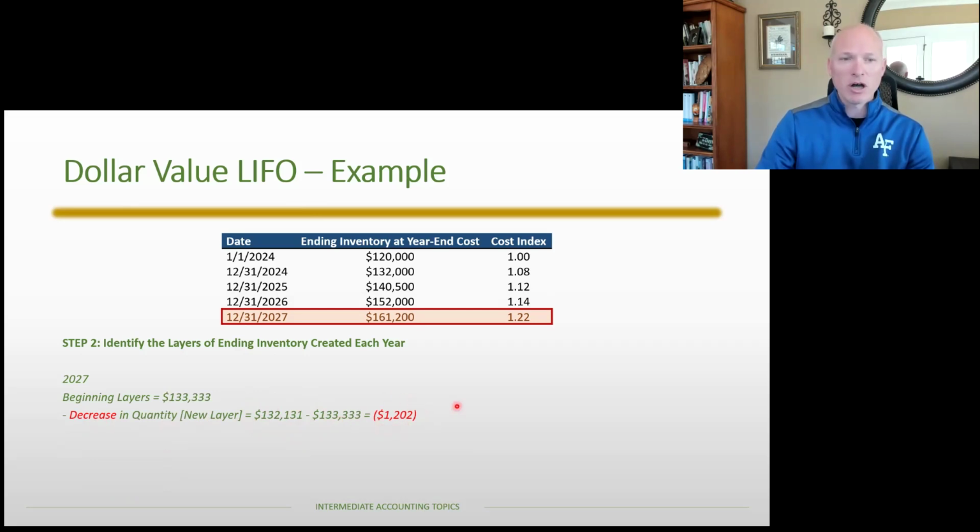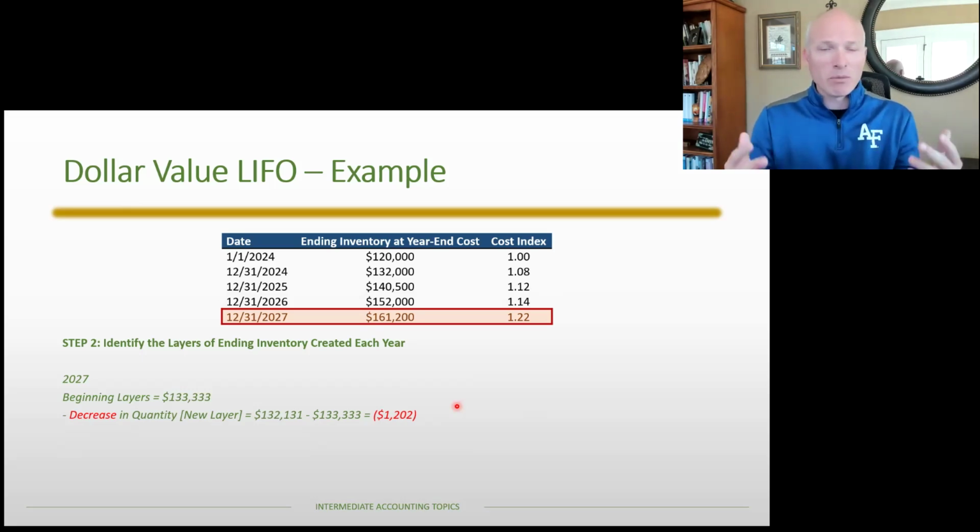What this means is there is no new layer in 2027, and there never will be. So 2027 will never have a layer. And instead, we know we're going to dip into our prior layers. We'll have assumed that we sold some of our 2026 layer, and that's all we're going to need. But conceivably, we could have even gone into our 2025, 2024, or even base year layer.